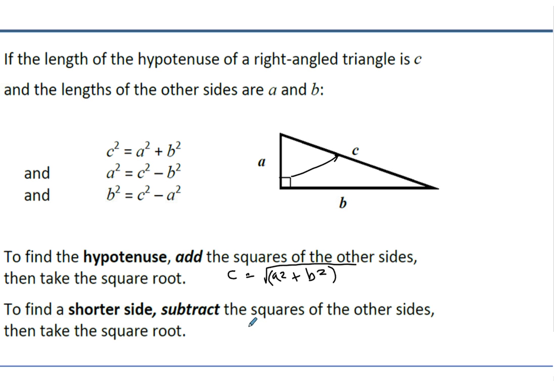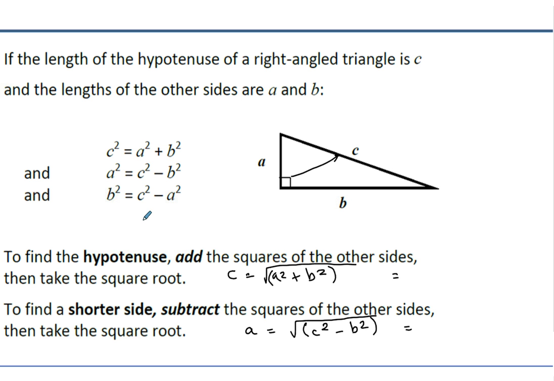To find the shortest side, so let's say if we wanted to find a, we go the square root of, in brackets, c squared, the longer side, minus one of the shorter sides squared, and out comes your answer. So keep it really simple rather than making it really complicated and working out the square roots.